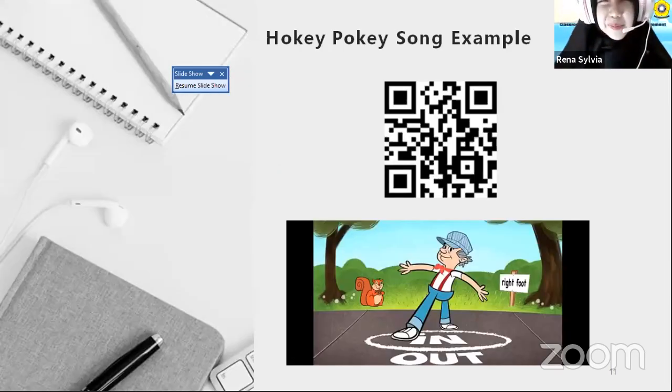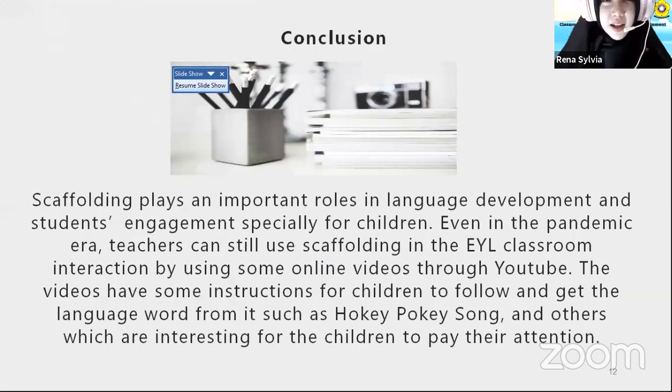And then as the conclusion, as we know, scaffolding plays an important role in language development and student engagement, especially for children.